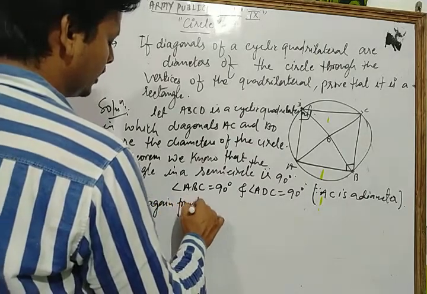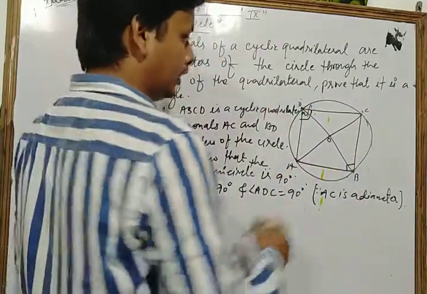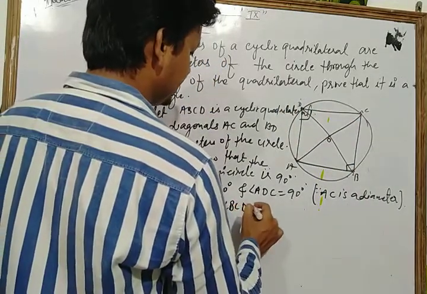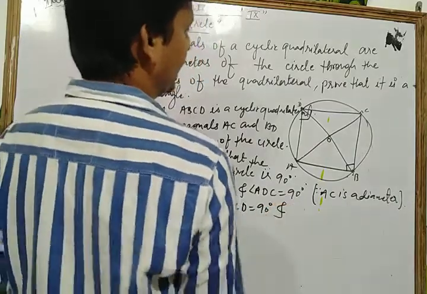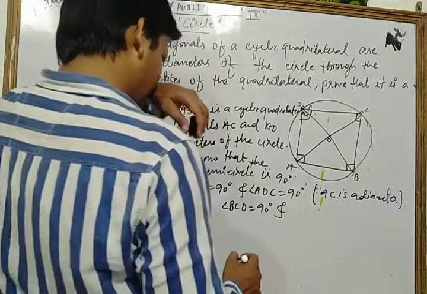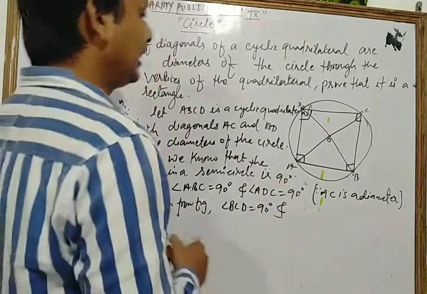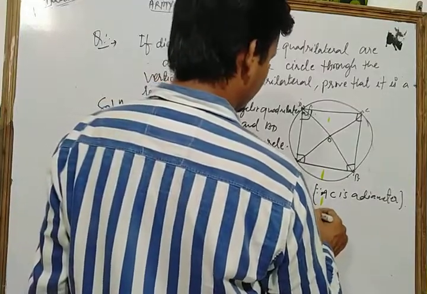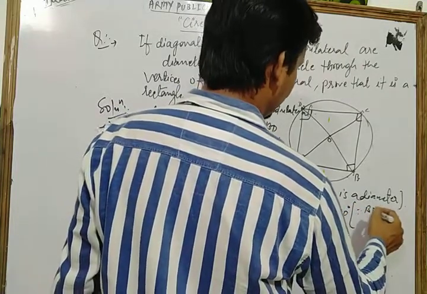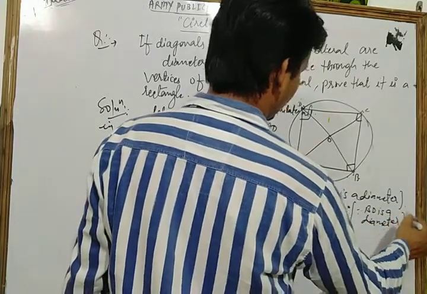Now again from the figure, suppose we take BD as a diameter, then we have angle BCD equal to 90 degrees, as well as angle BAD is also equal to 90 degrees, when we assume that BD is a diameter.